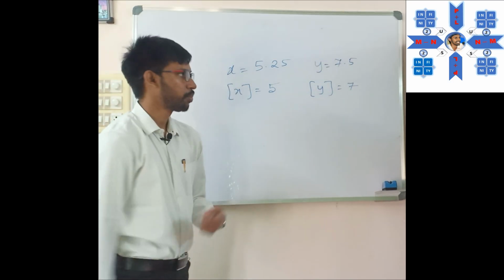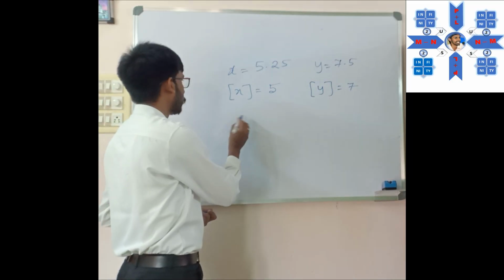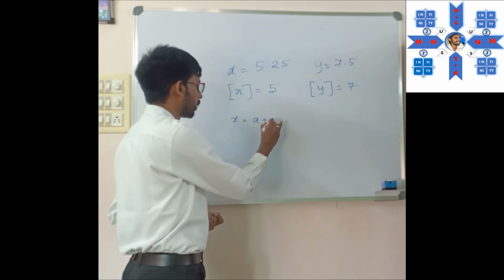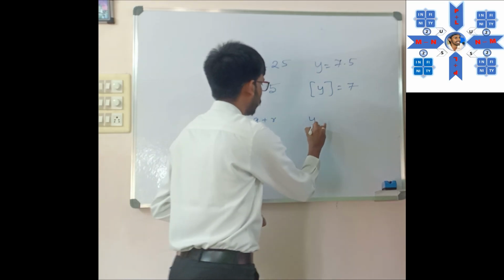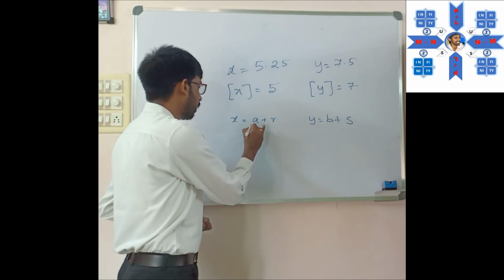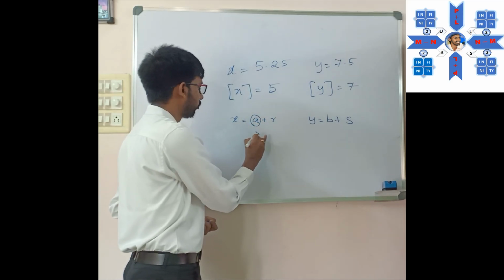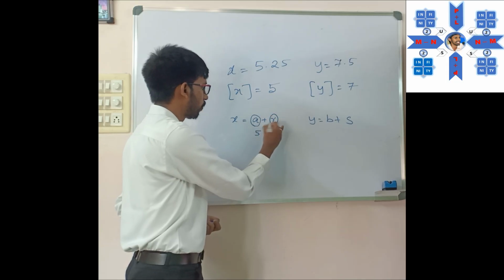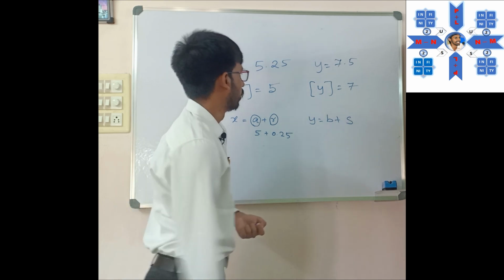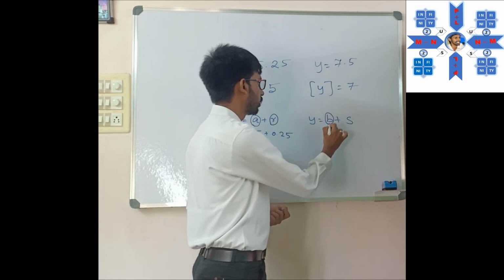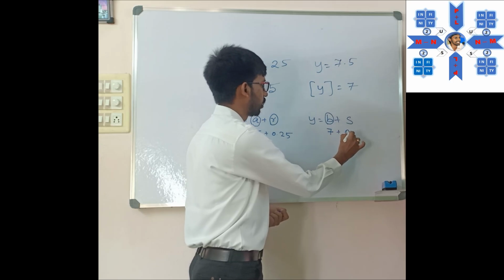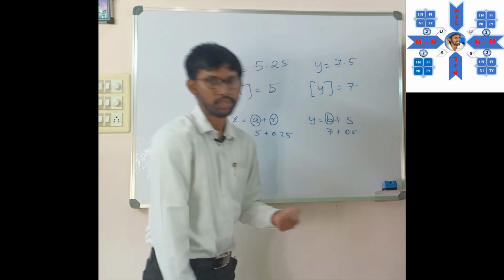So that's where we have a property. x can be expressed as a plus r and y can be expressed as b plus some s. This a represents the integral portion 5, and this r represents the rest of the residue, 0.25. Similarly, b represents the integral portion 7, whereas this s represents the residue 0.5.